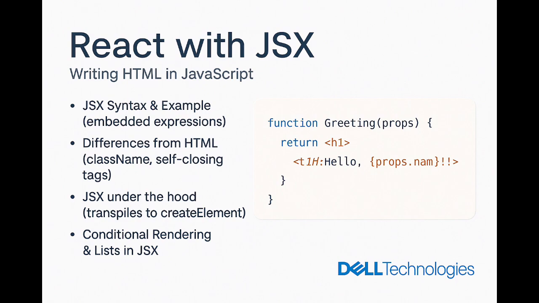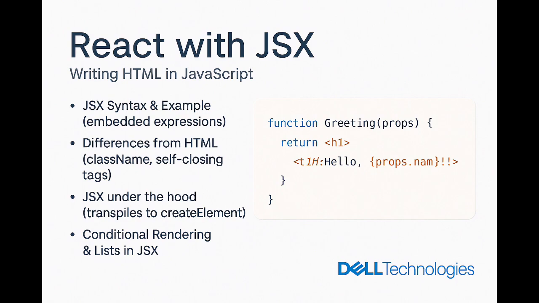If the condition is false, it short-circuits and returns false, which React will just ignore and render nothing for false or null. For lists, you might do something like items.map(item => ...). Embedding .map directly in JSX like that is common and a very clean way to generate repeated elements. Just ensure you include a key prop as we discussed in the previous lecture for each item to help React's list diffing.